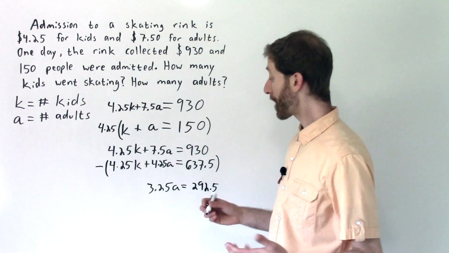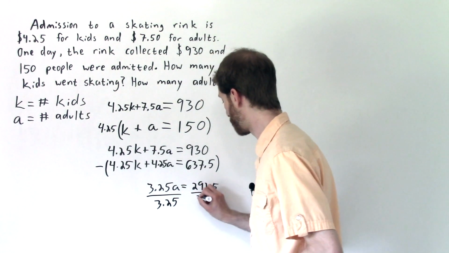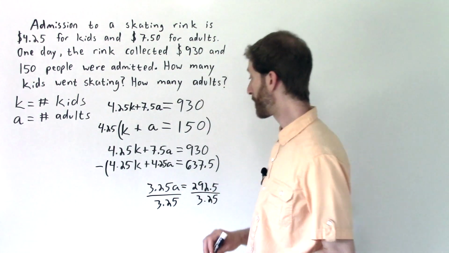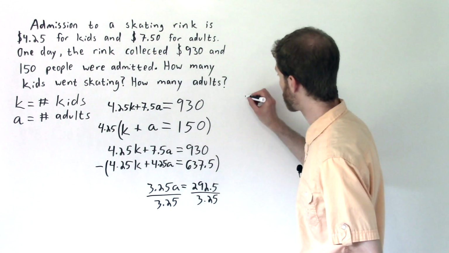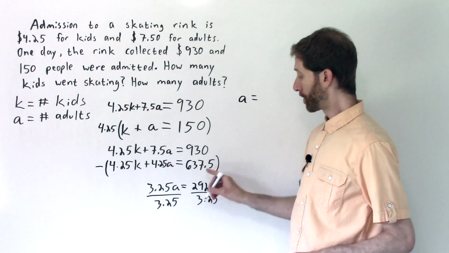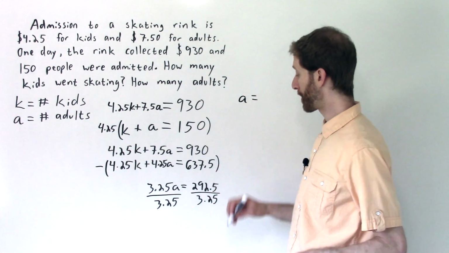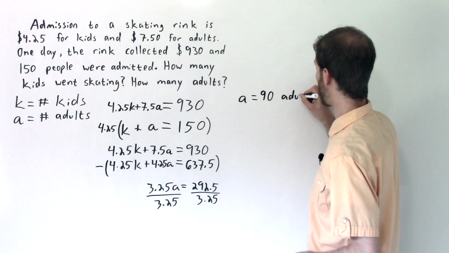Not bad. So now we divide both sides by 3.25, and that will give us the total number of adults who have attended. So I'm going to bring that math up here. So A, what is that going to be equal to? Well, 292.5 divided by 3.25 is 90. I'm going to put units here because it's 90 adults.